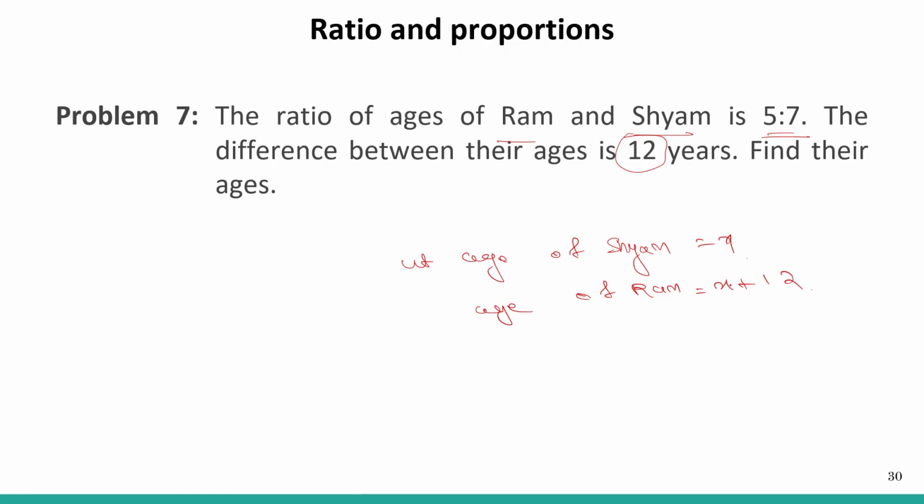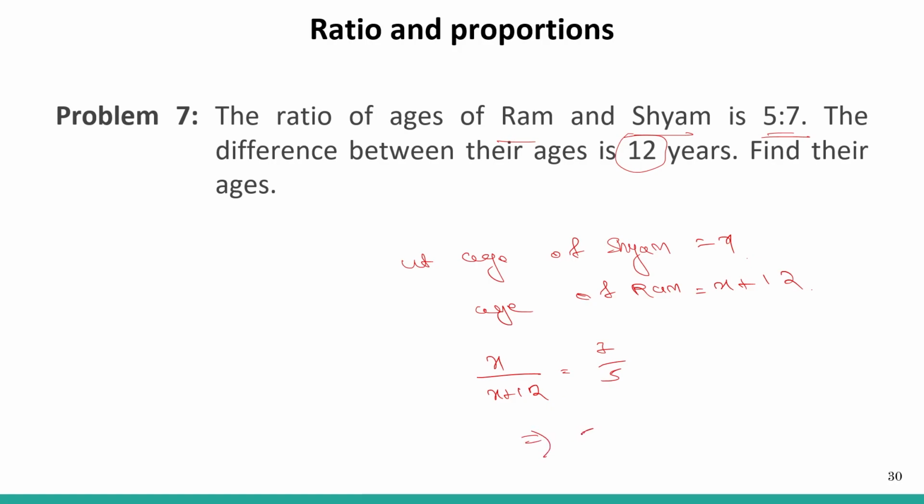Okay, so let's find their ages. Their ratio is what? 5:7. So basically X by X plus 12, that is age of Shyam is to age of Ram, is equal to 7 by 5. We are given the ratio of Ram to Shyam, but we have evaluated here in the LHS the ratio of Shyam to Ram.